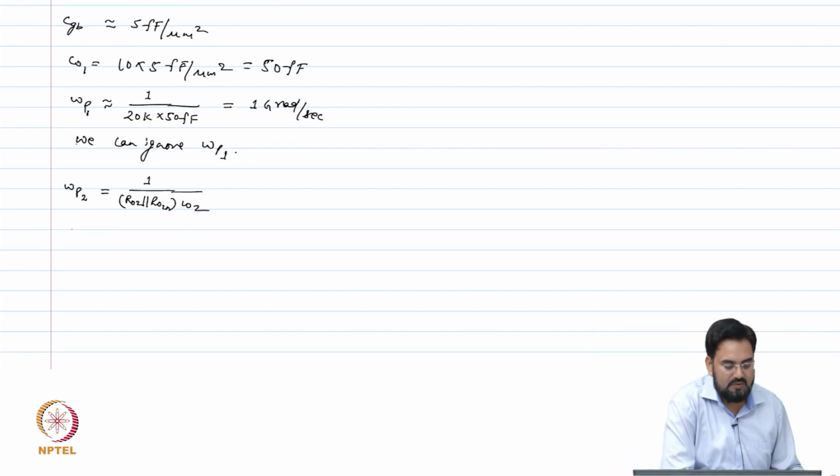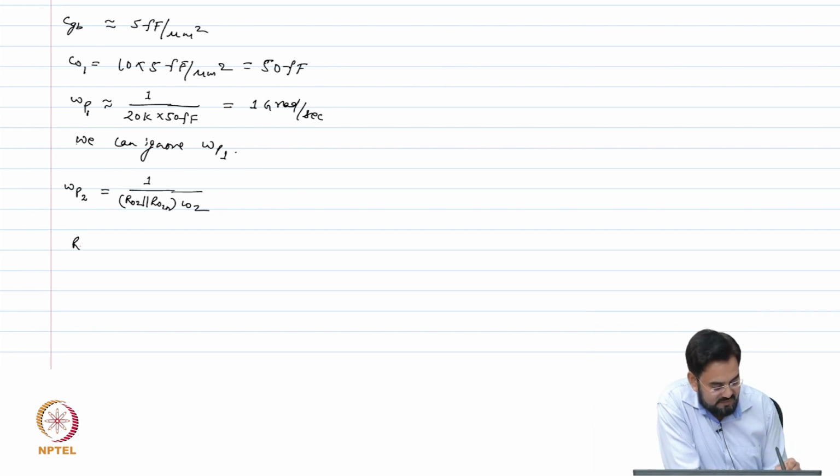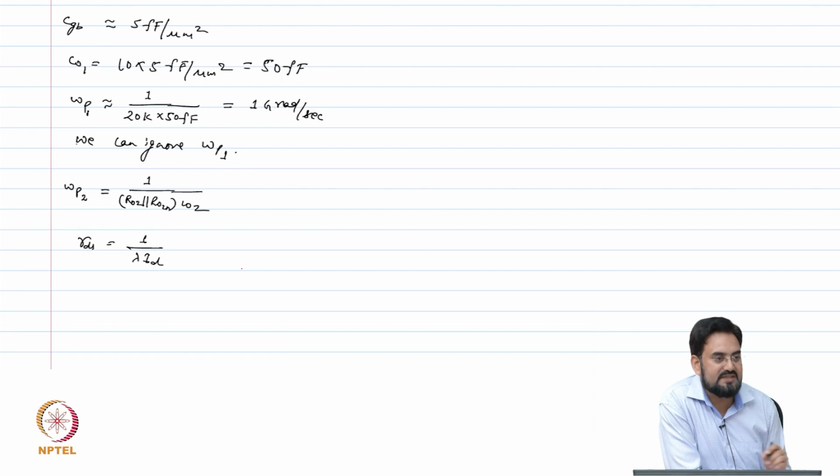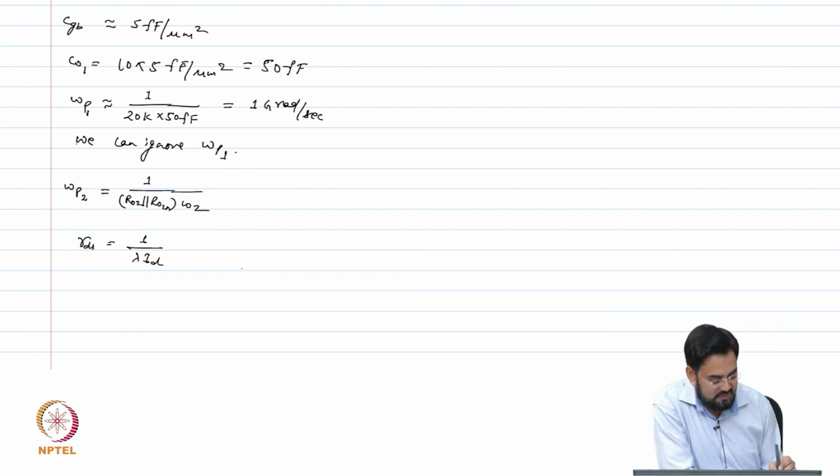So, how will you calculate RO1 and RO2? The currents are same. So, what is R out? Formula for R out or RDS I would rather say. RDS is 1 over lambda ID. What is lambda? Channel length modulation, okay.